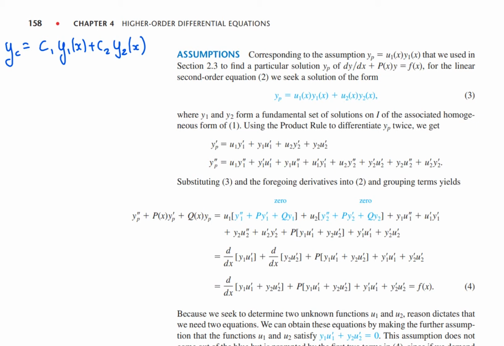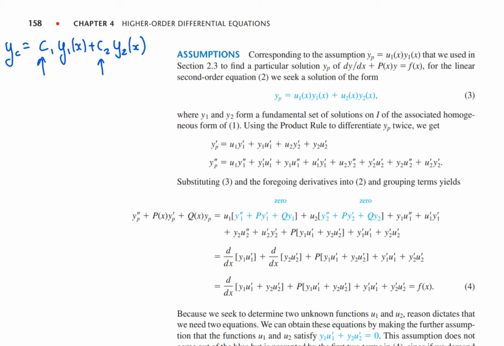And the clever idea of variation of parameters is to take these things which were constants in the homogeneous solution and make them into functions of x. In other words, can we find functions of x such that u1 times y1 plus u2 times y2 is a solution?